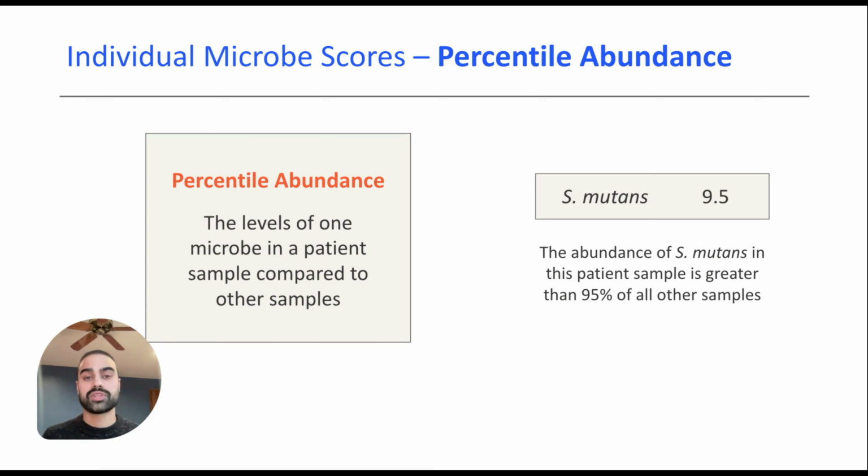This gives a better representation of a microbe being high or low in a patient compared to what is normal. So, for example, a 9.5 for the patient's percentile abundance indicates that that species is greater in this patient sample than 95% of all other patient samples.